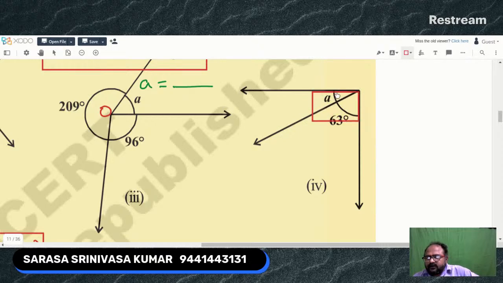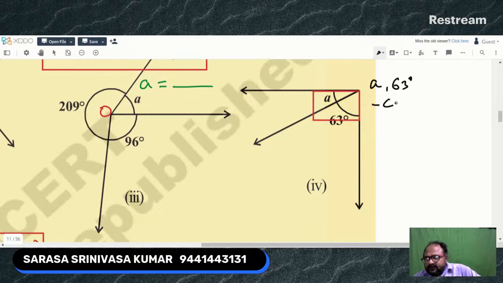I am drawing a rectangle on this line. So, if you want to verify the angles, you can verify them on your textbook. Here it is observed that the angle A and angle 63 degrees are complementary angles. How can you say that they are complementary angles? Angle A and 63 degrees are complementary angles.